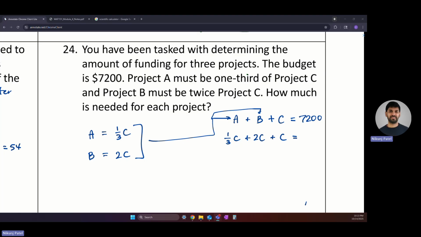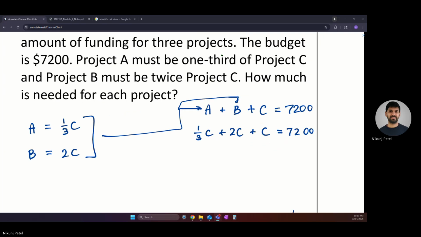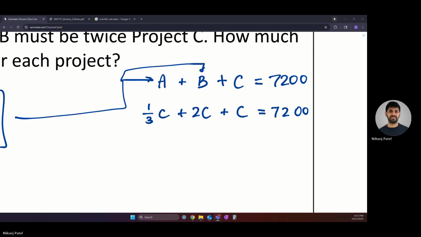And the last one is just a C, so let's just leave it there because now all of our variables are project C. So now looking at all of this, we have 1/3 C, 2C, and 1C, I guess you could call it. And if we combine them, since they're all like terms, that would be 3 1/3 C. So I'm going to put 3 1/3 C equals 7,200.